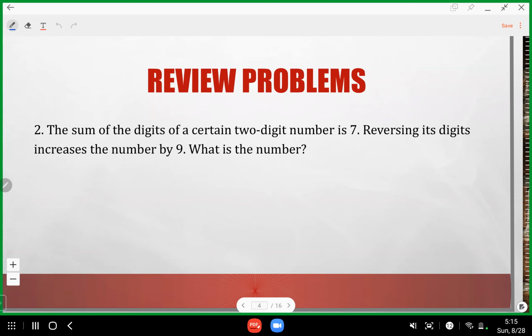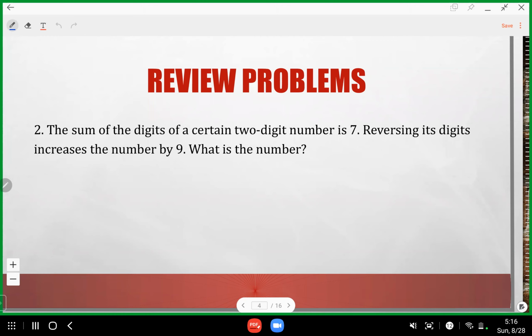So that just means the first digit plus 1 is equal to the second digit, and the digits have to add up to 7. So I only got 3 and 4 for the digits. The smallest digit has to be in the tens place, so the number has to be 34.